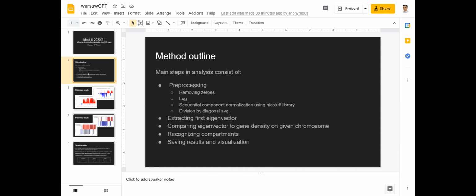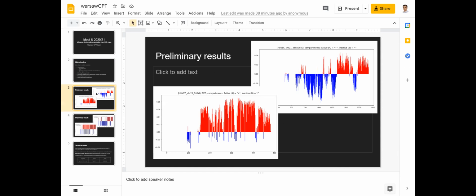The first preliminary results are that in some cases the high resolution and lower resolution give the same results of the same precision, which means that they are more or less the same as the example results that were given by Leopold with the data.